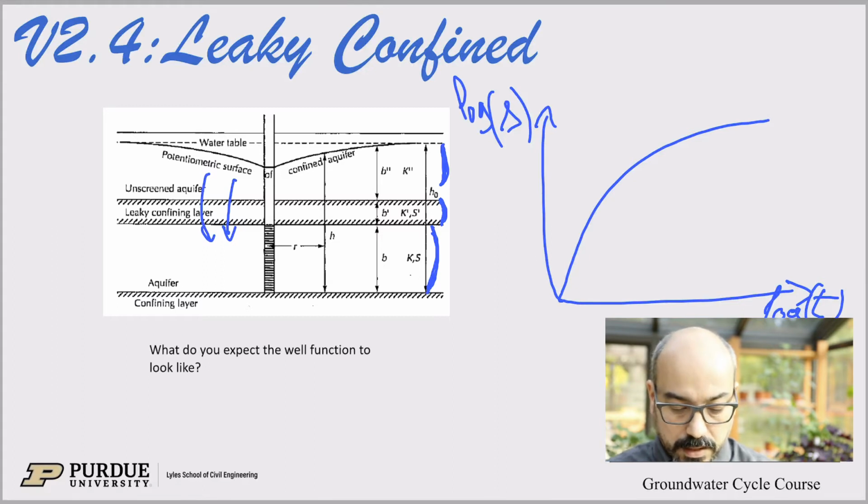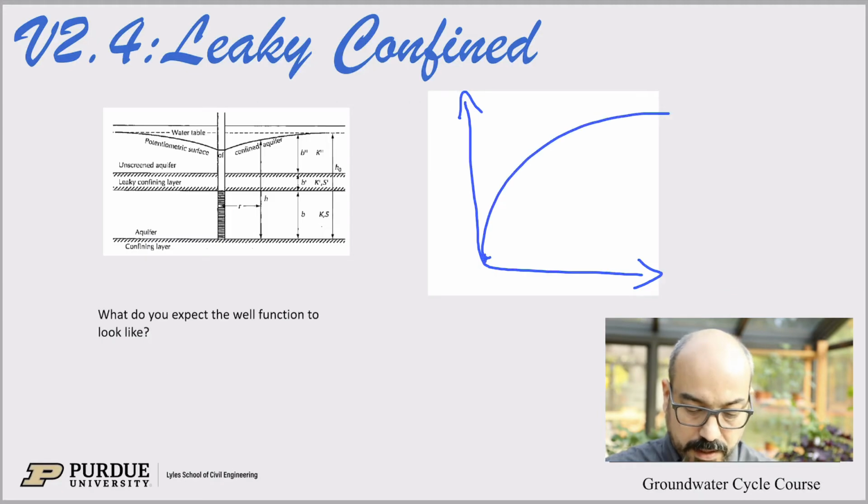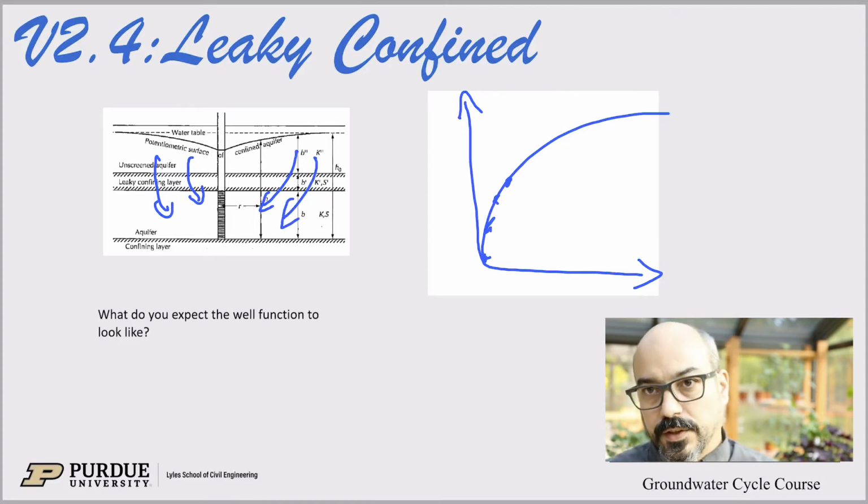Well, at the beginning, we still have the same compressibility, or the matrix of the aquifer is the same. So when you turn on the pump, at the very beginning, you would expect something similar to happen, but as you pump over time, now we have lower pressures, right? We're pumping into that aquifer, so we're basically doing a vacuum, and now we're expecting some water coming from our unconfined or our surface aquifer to recharge that aquifer.